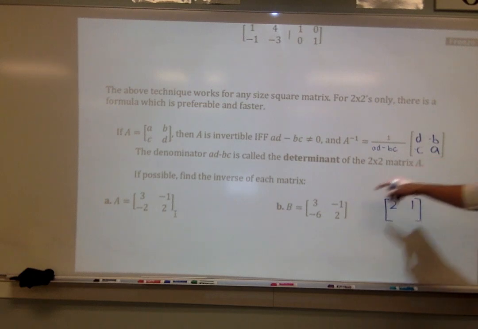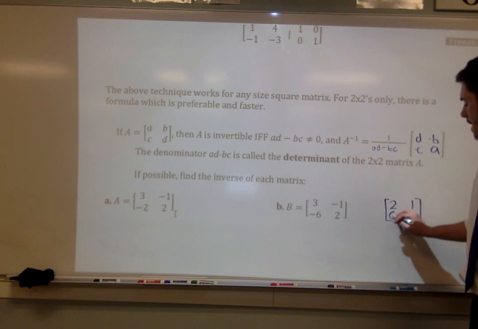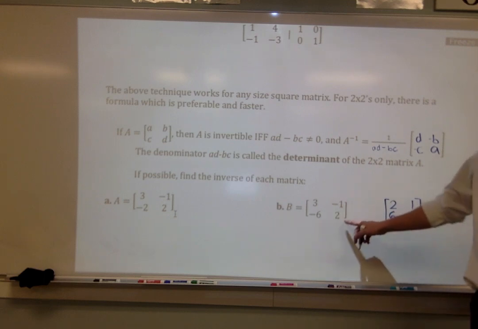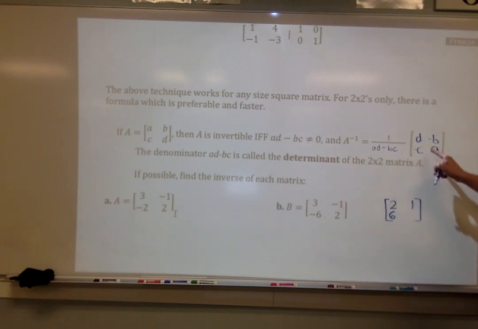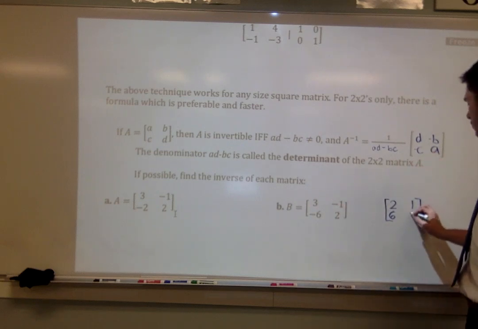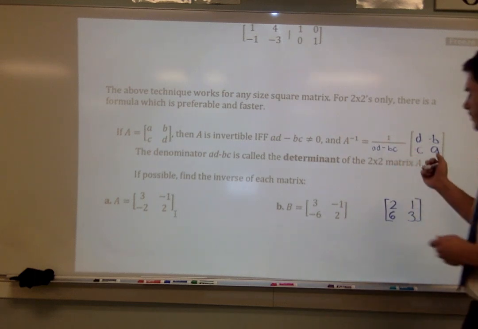And then negative C, so C will stay in the same spot, we'll just change its sign. And then try to find A, and we'll see that A is a 3. We don't have to change its sign, so it's just positive 3. So there's the matrix we would multiply by. So now let's find the determinant.